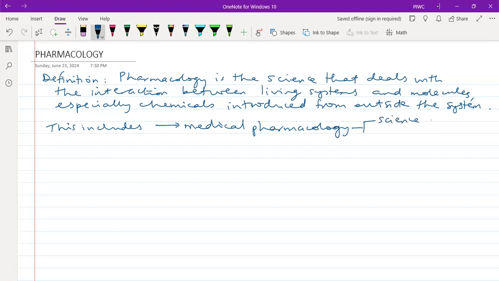Science of materials used to prevent diseases. So that's one use of it. And as we said, it also involves chemicals in the environment that cause disease.